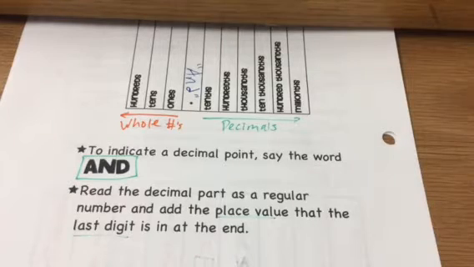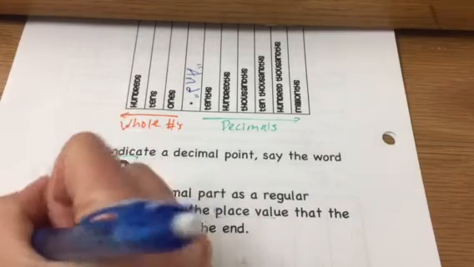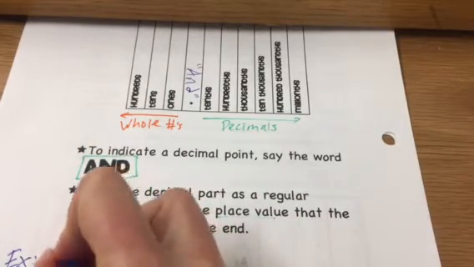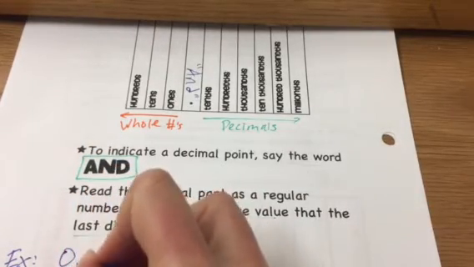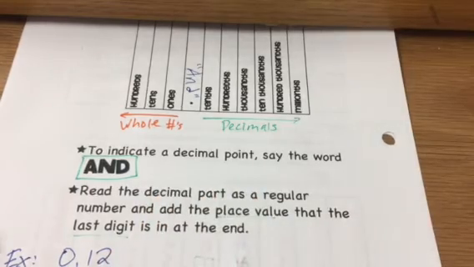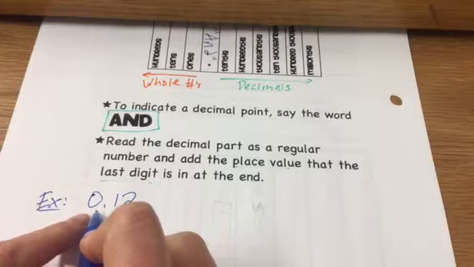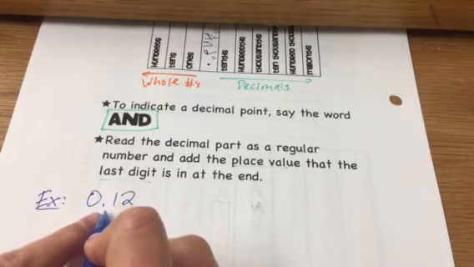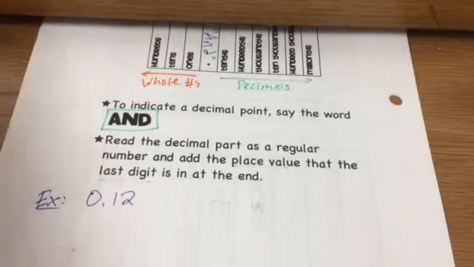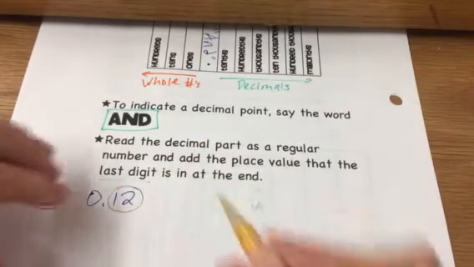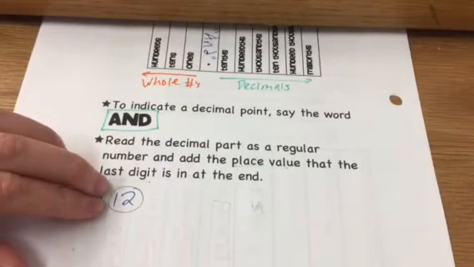So let's do an example together. So let's say I've got 0.12. Oops, let me slide that up. If I'm going to say this out loud, I've got 0, and then we're going to look at our decimal number as a whole number. So if there was nothing else, I would simply say the word 12.